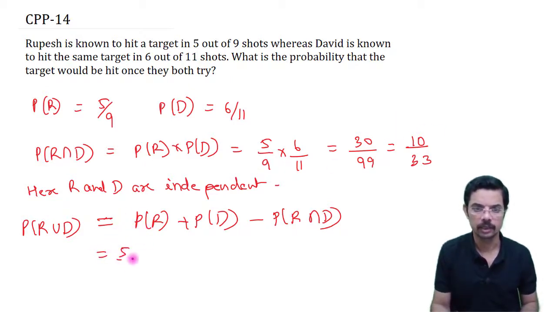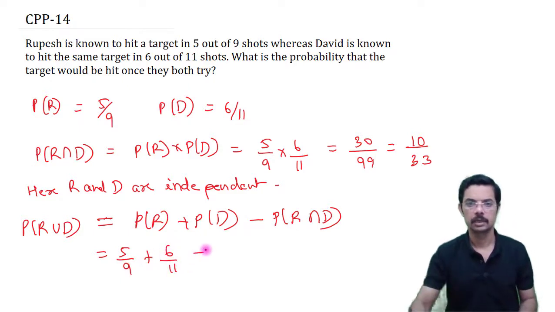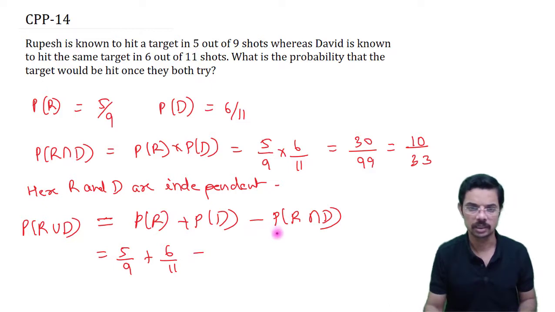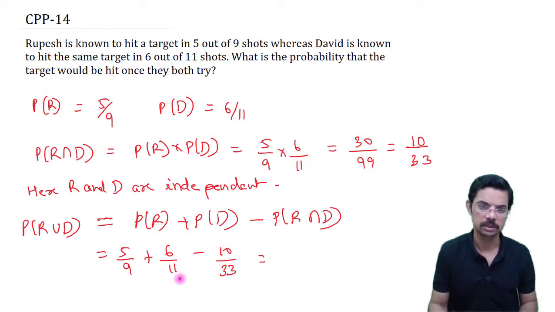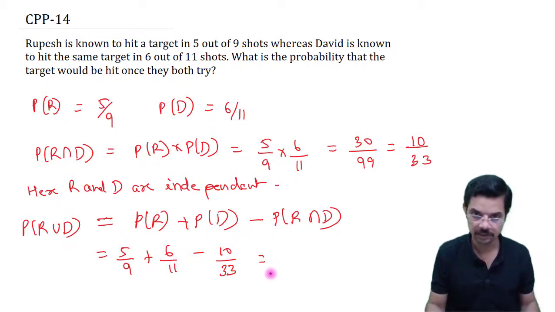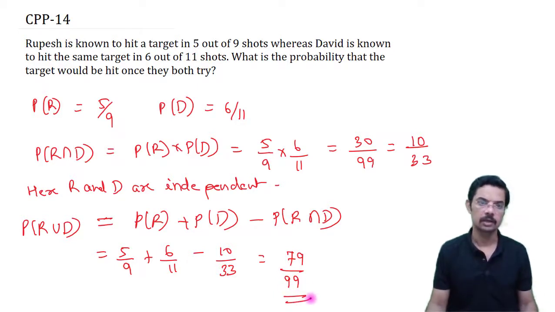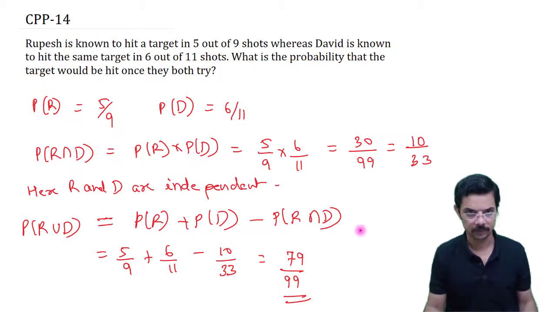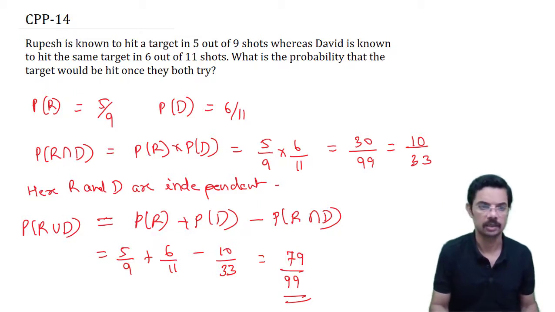This is 5 by 9 plus 6 by 11 minus 10 by 33. This can be simplified, and what you get here is 79 by 99. So the probability that the target will be hit is 79 by 99.